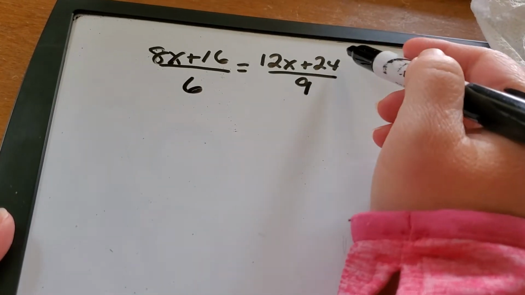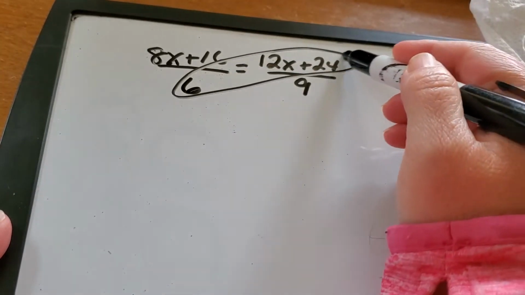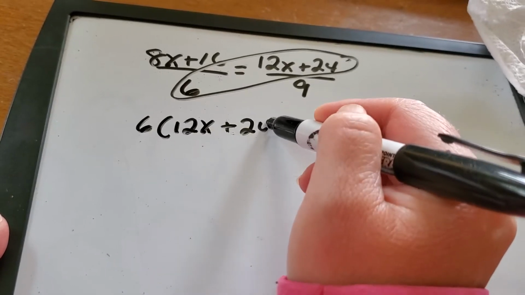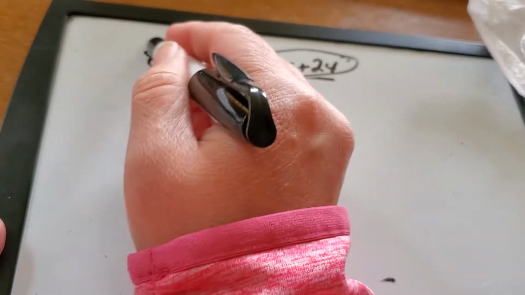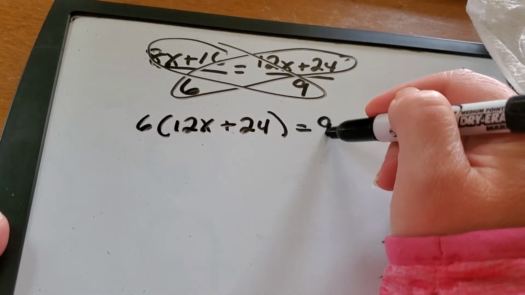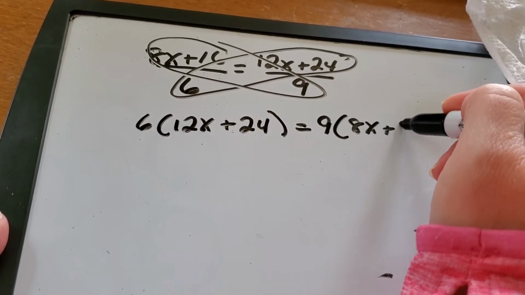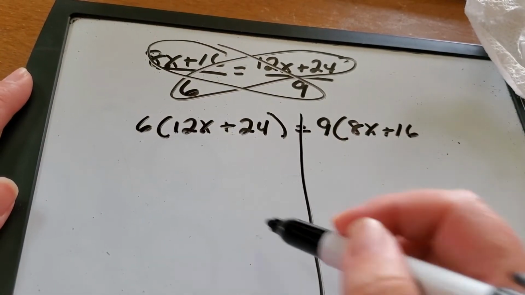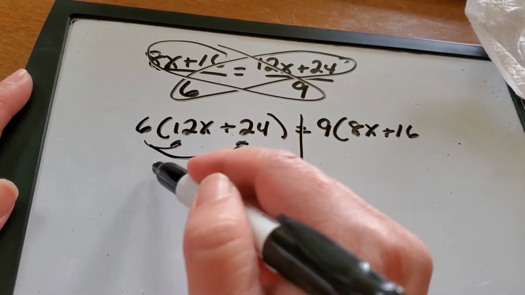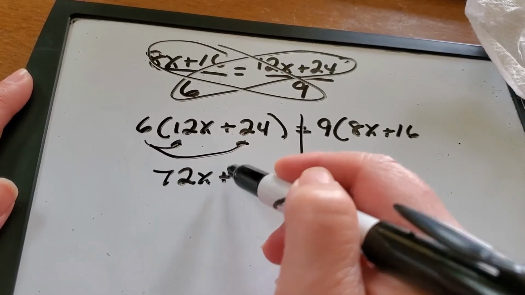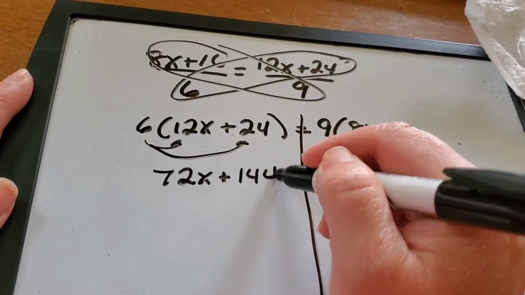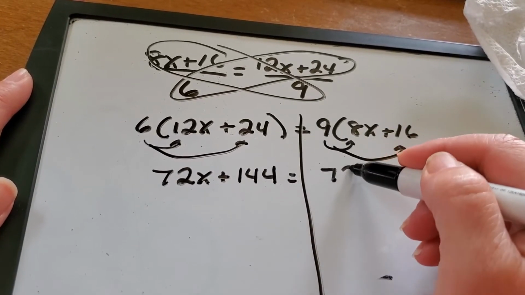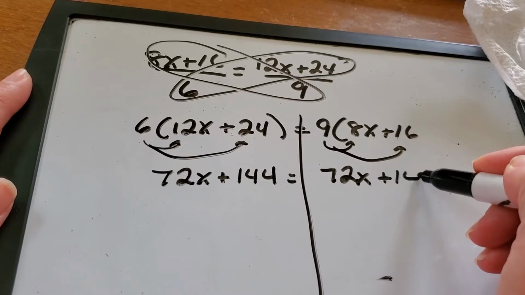Now watch what happens when I cross multiply here. 6 times (12x + 24) is going to equal 9 times (8x + 16). I can distribute, and I get 72x + 144. And if I distribute here, I get 72x + 144.